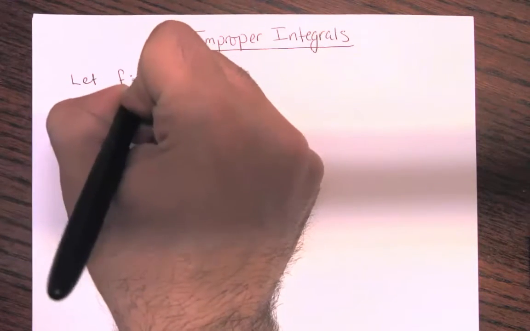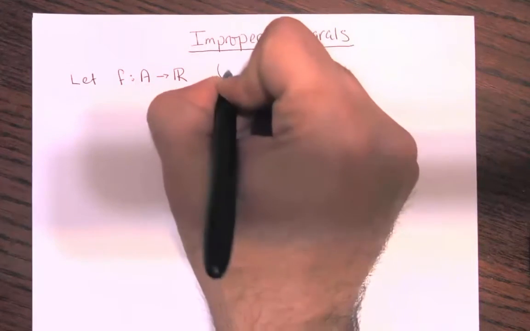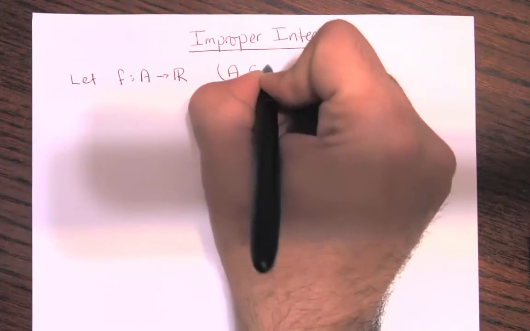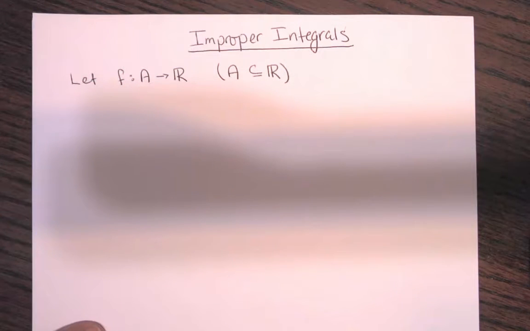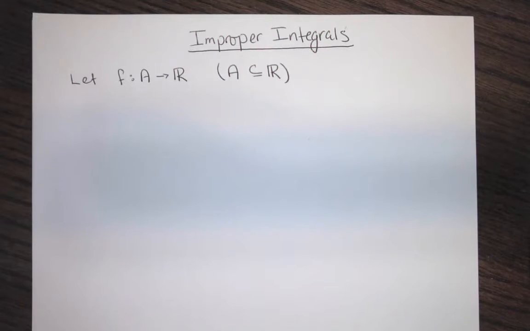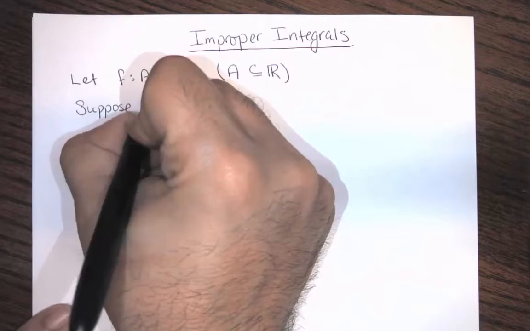Let f map A to R. A is a subset of R. Notice how already we've differentiated a little bit from how we define functions when we talked about Riemann integration. For Riemann integration, we specifically talked about domains of functions being closed intervals.